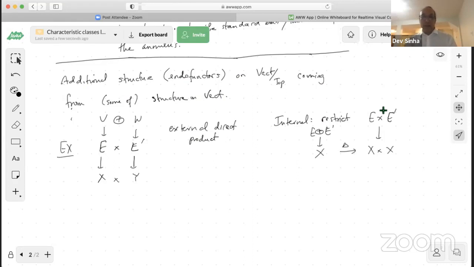One is a vector bundle over X, one is a vector bundle over X cross X. And so I often use direct sum for both. So that's the simplest thing you can do.